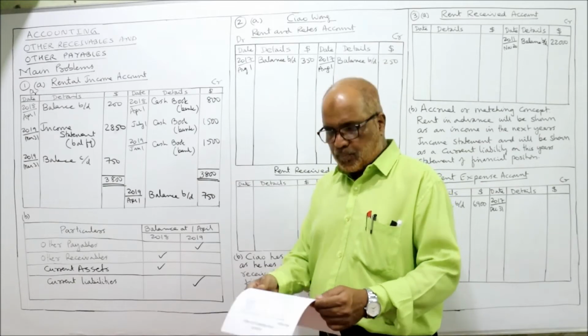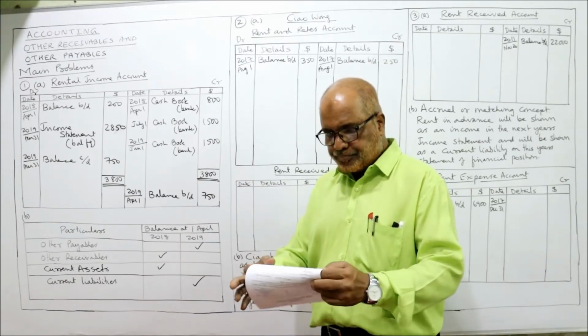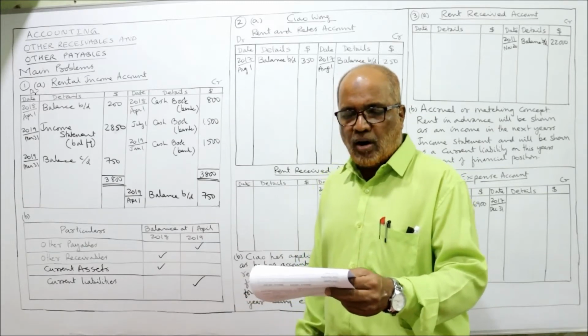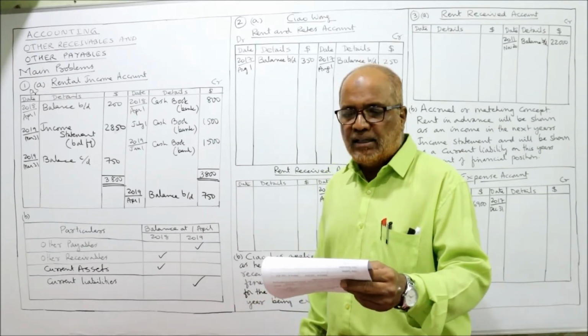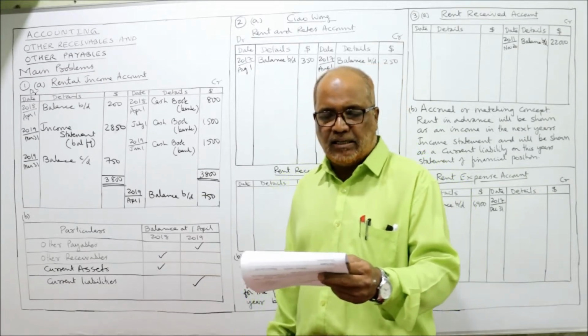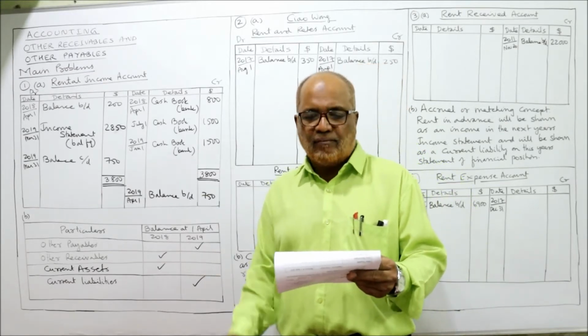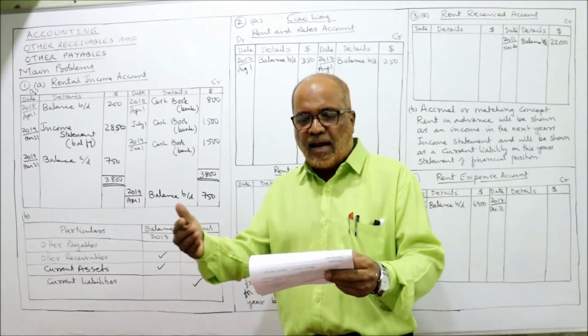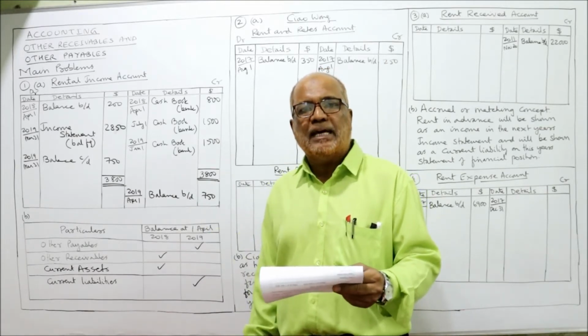Now I am going to start problem number 2. Xiao Wong, a sole trader, provided the following information for the year ended 31st July 2018. The year will begin from 1st August 2017 and end on 31st July 2018.